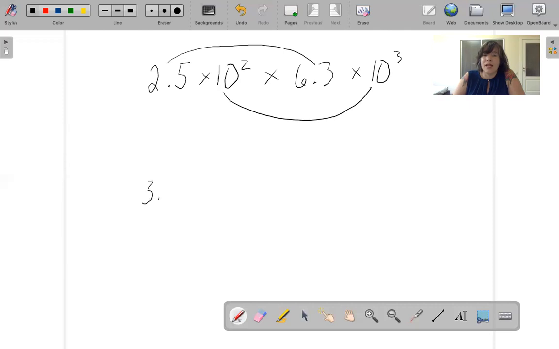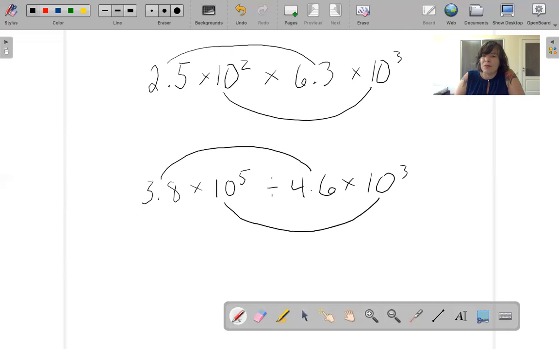And when you're dividing, divided by 4.6 times 10 to the third, you divide these two and you divide these two. Now we have covered adding, subtracting, multiplying, and dividing with scientific notation.